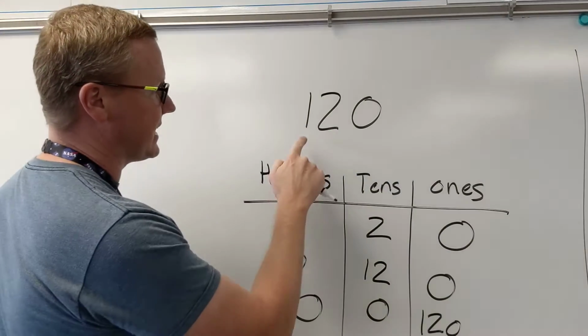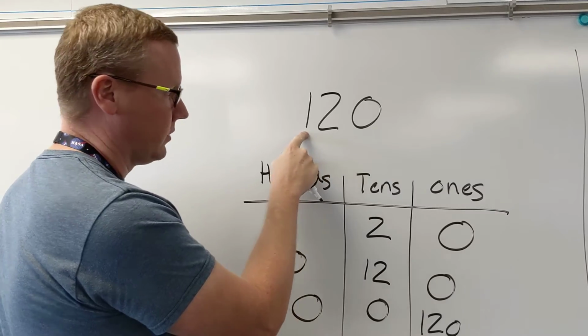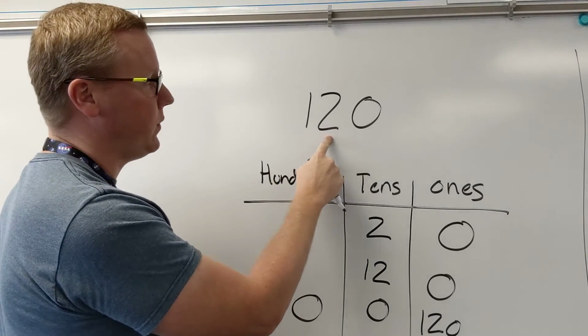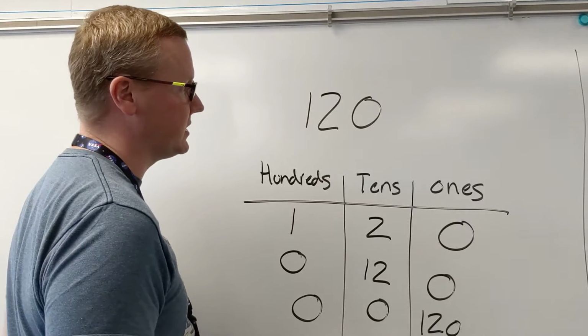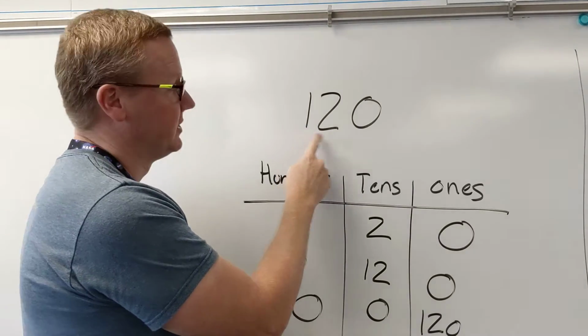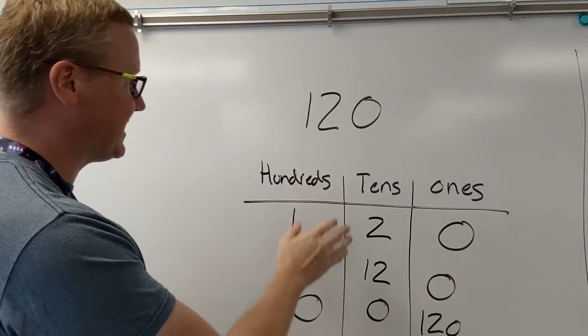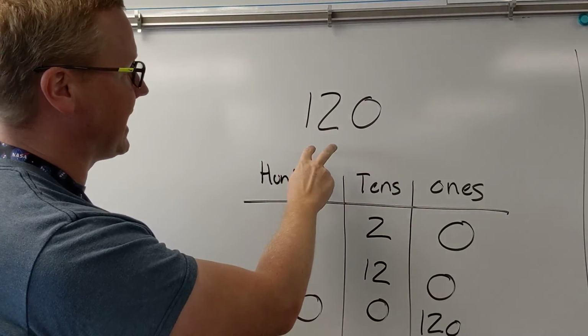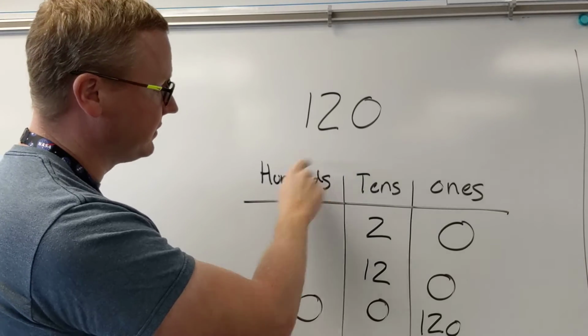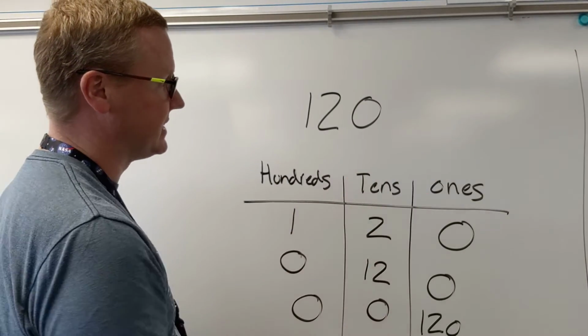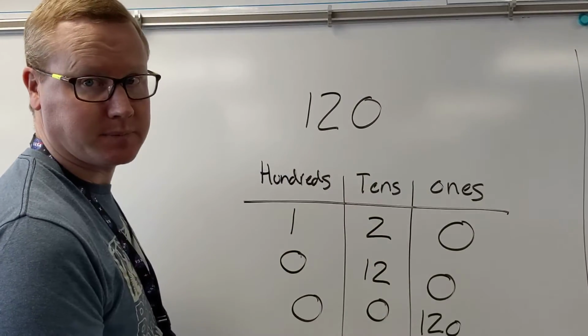So this is just a different way to look at this number. You can look at it and say I see 1 100, 2 tens, 0 ones, or 1 mat, 2 strips, 0 units. Or you can say, I don't see any 100s. I actually see 12 tens and 0 units.